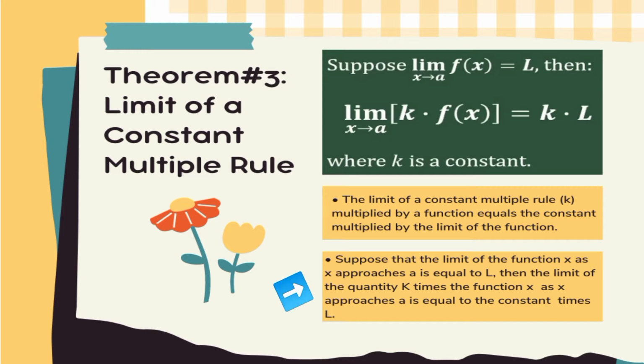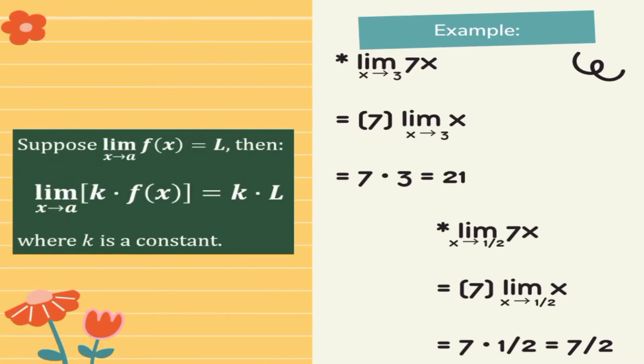Suppose that the limit of the function f of x as x approaches a is equal to L, then the limit of the quantity k times f of x as x approaches a is equal to the constant times L, where k is a constant. The k here is the constant. So to illustrate and to understand, let's have our example.